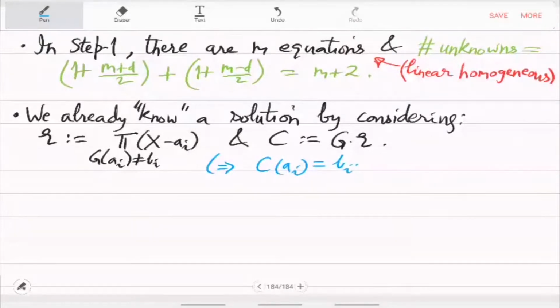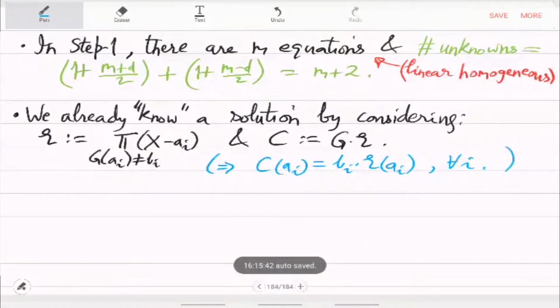You can see that C(a_i) is equal to b_i times E(a_i) for all i, because for the good a_i's, C(a_i) is G(a_i) times E(a_i), and G(a_i) is equal to b_i. For the bad ones, E(a_i) will be 0.